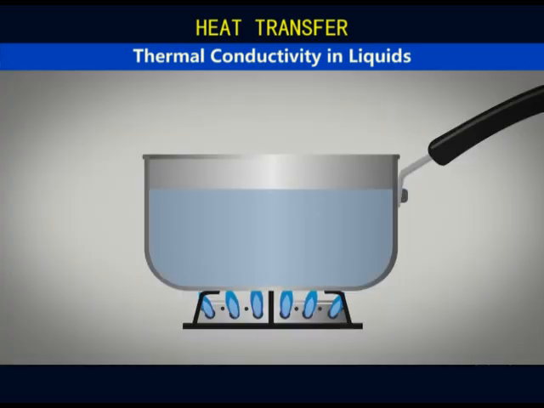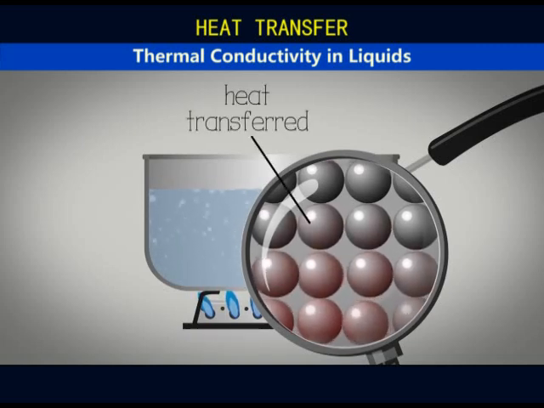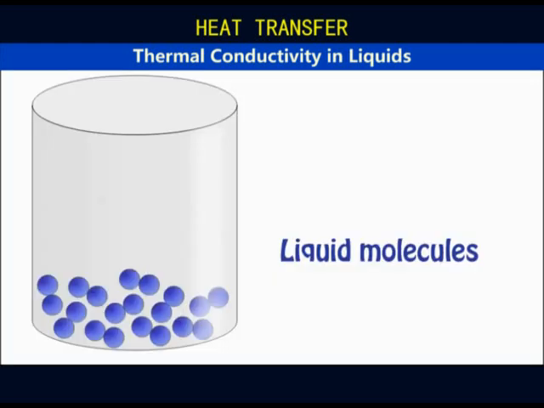So what makes water and indeed liquids poor conductors? We said conduction is thermal transfer through collisions of vibrating particles. But in liquids, the particles, in this case molecules, are far apart, making it hard to pass on their kinetic energy to each other.